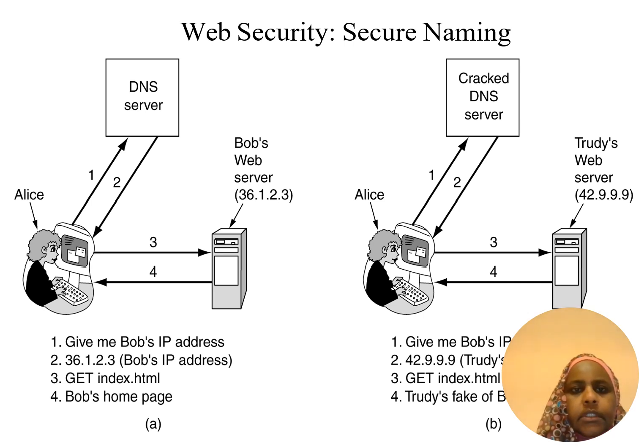For example, if the DNS was actually hacked, and Alice wants to get Bob's IP address and Trudy has hacked the DNS server, then she will simply ask the DNS server for Bob's IP address and get her own IP address instead, and Alice will be communicating through this web server rather than Bob's web server, assuming that she's actually talking to Bob.